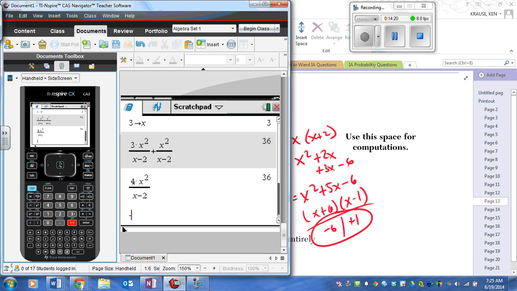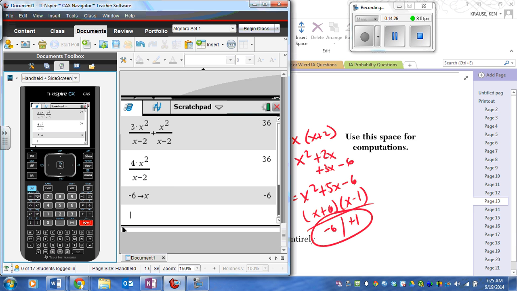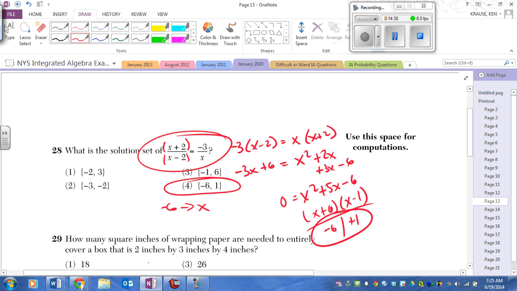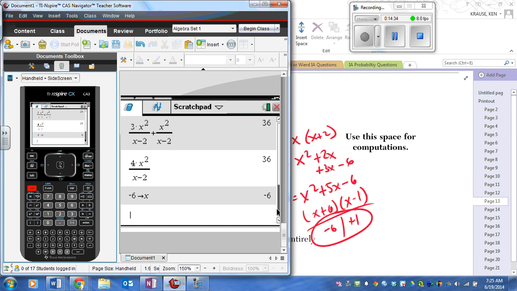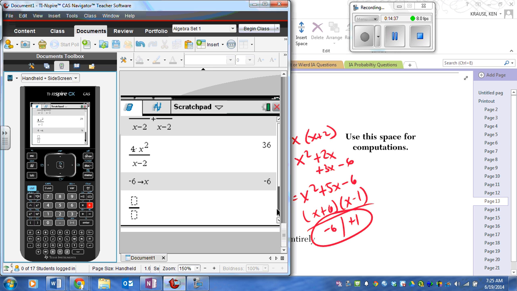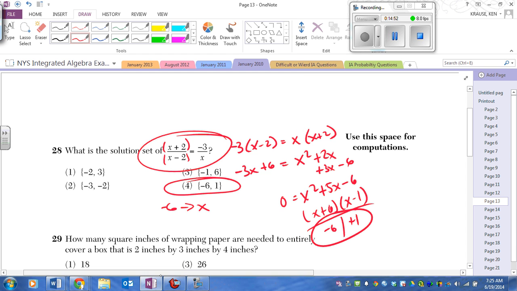So we'll take negative 6, stow it into x, and we'll type in x plus 2 over x minus 2 equals negative 3 over x.